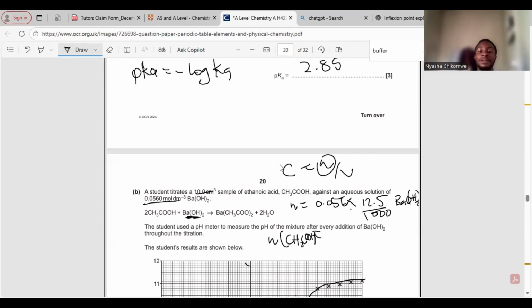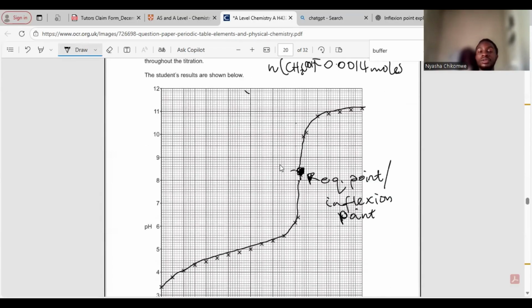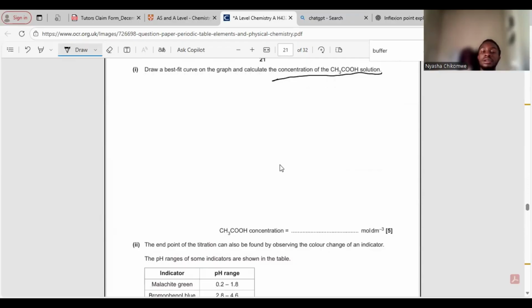I'm getting 0.00140 moles. Then to get the concentration of ethanoic acid is just this number of moles over 0.01. Concentration is 0.0014 over 0.01, which is 0.14. Okay, done.